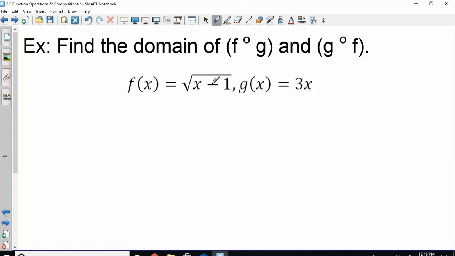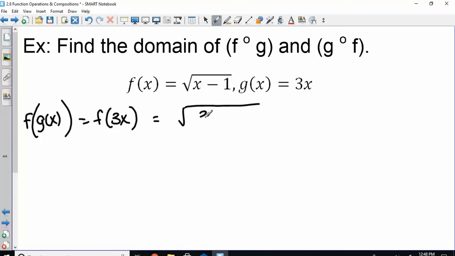So this time we are going to do both F composed with G and G composed with F. So F composed with G. That is F of 3x. So you go to F and you replace that x with a 3x. So that's my composition.